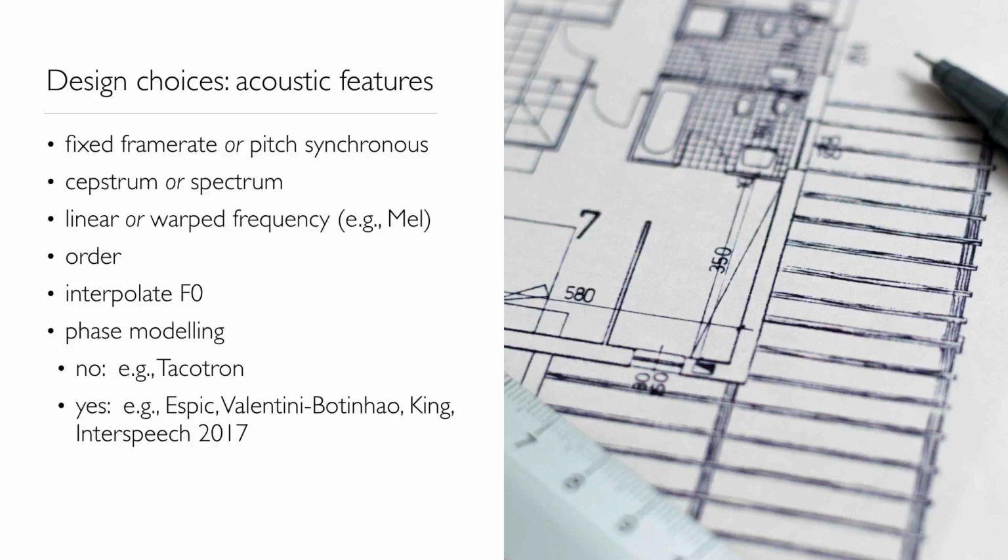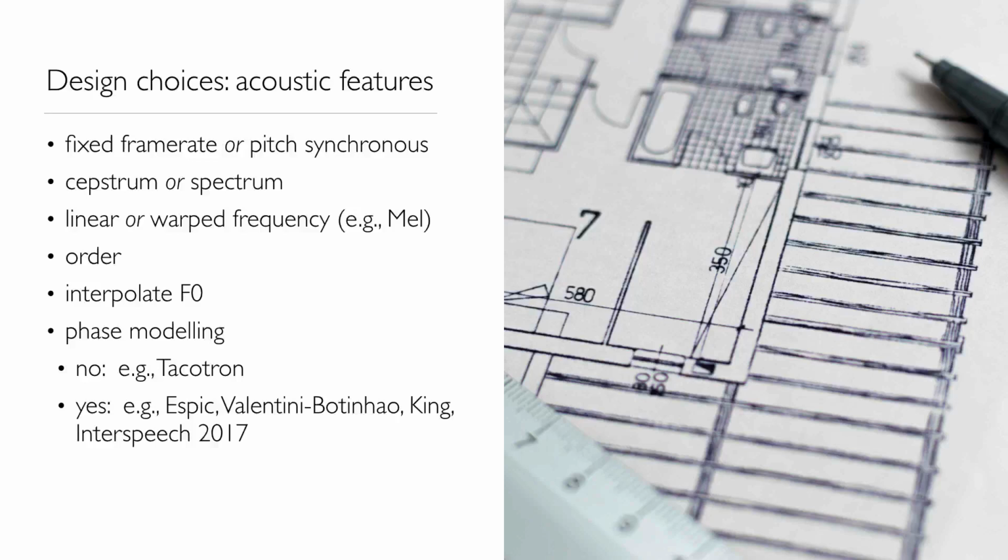For that reason, we can warp the frequency scale, and we can compress the frequency coefficients. We can play with the order of these coefficients. We can use 60, 45, or 80. We can interpolate F0 or use another solution to keep the Gaussianity.